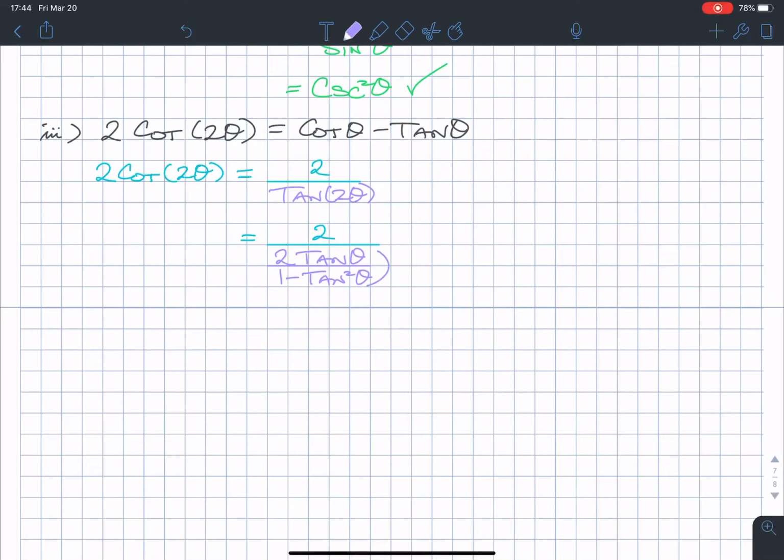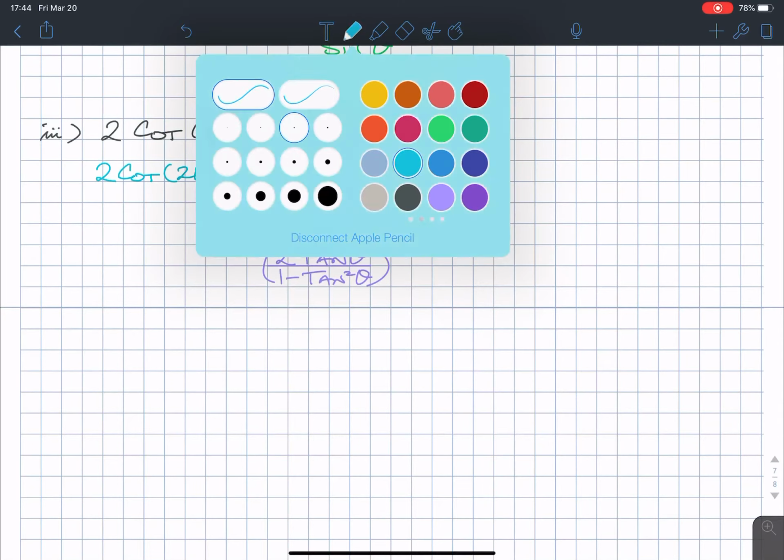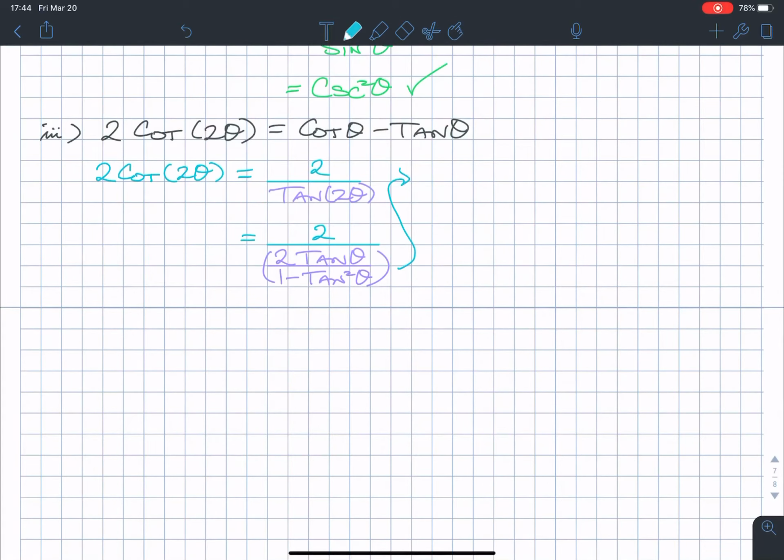So this is the whole denominator. So now I can invert and multiply. Let me see if I can save myself some space here. So this will be equal to 2 times the reciprocal, namely 1 minus tangent squared theta divided by 2 tangent theta.